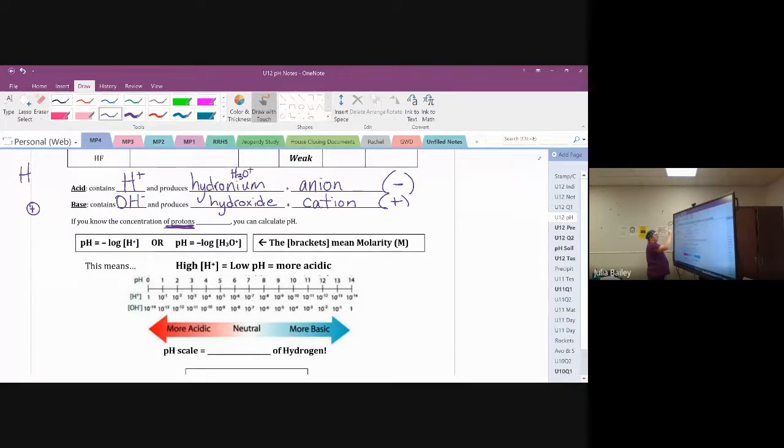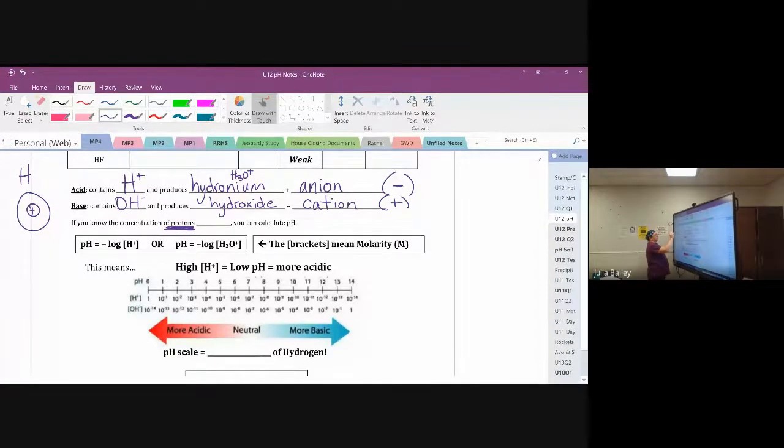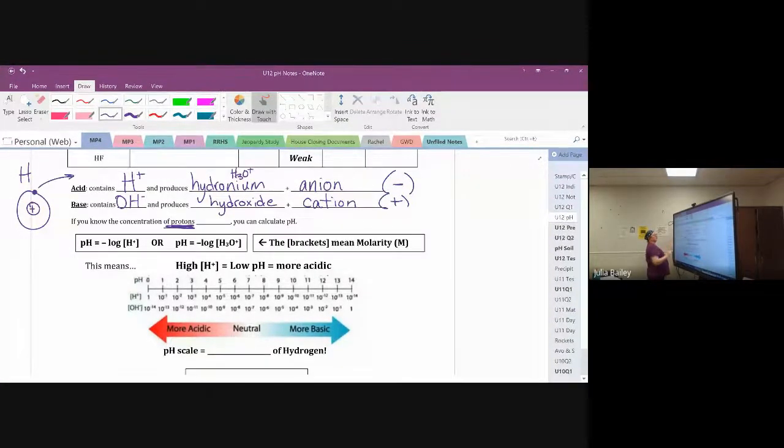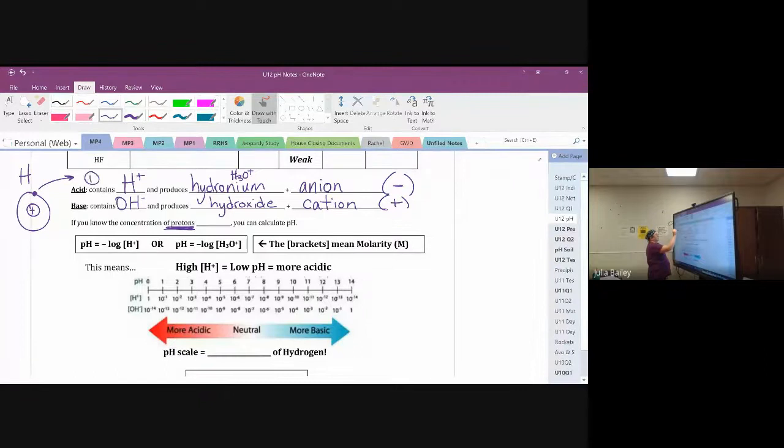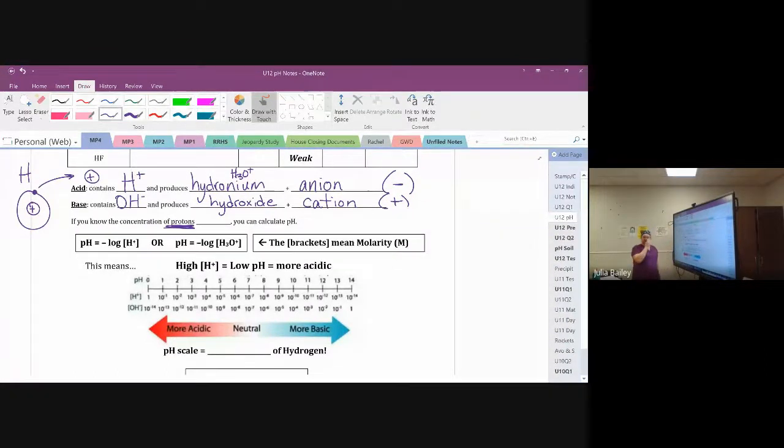So if hydrogen atoms undergo a reaction where they lose that electron and it goes on to some other atom, then you're losing your negative charge. You're left with only that 1 proton. So it turns out that a hydrogen ion is the same thing as a proton.